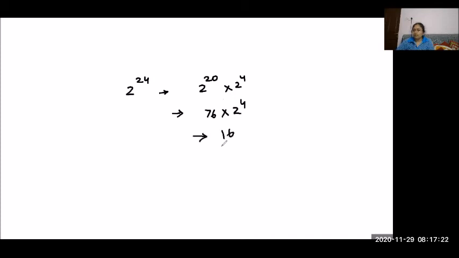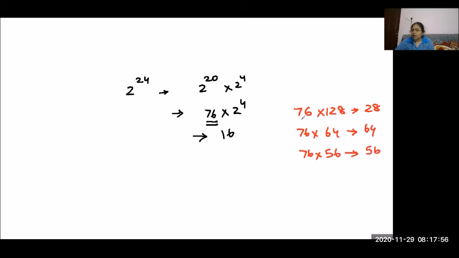There is another interesting fact you can remember: to find the last two digits, if you multiply 76 by 16, you get 1216, which ends in 16 only. 76 into 64 will give you 64 only, 76 into 56 will give you 56 only.